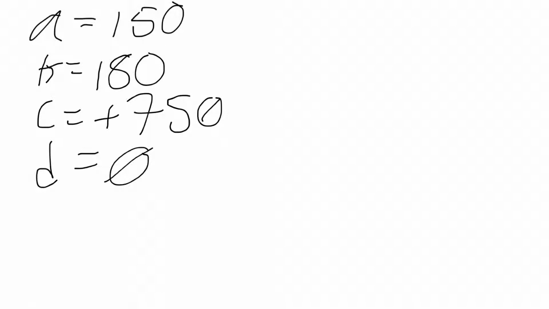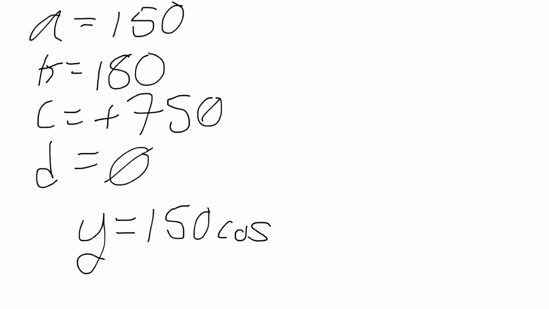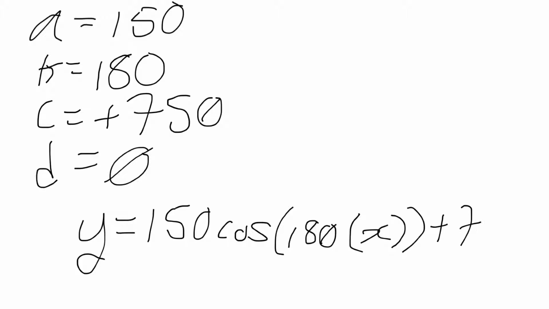0. Alright, so can somebody walk me through this equation? What did we do? How do we write this? We use cos. Y equals 150 cos, bracket, 180, x, close bracket, plus 750.